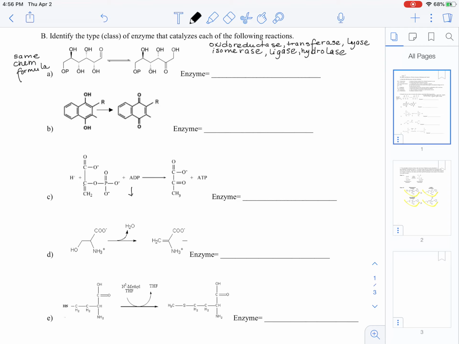The only difference between them is that the substrate is an aldehyde and the product is a ketone. Whenever we have aldehydes and ketones that have the same chemical formula, they are isomers of each other. So the enzyme that catalyzes this reaction is an isomerase.